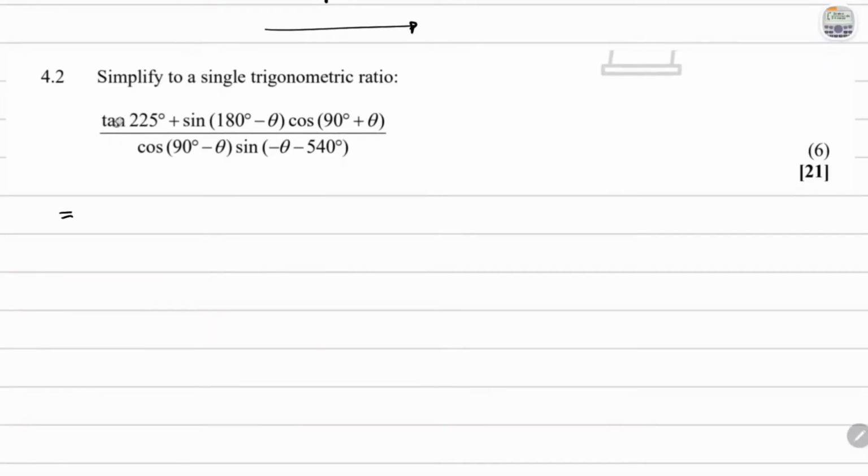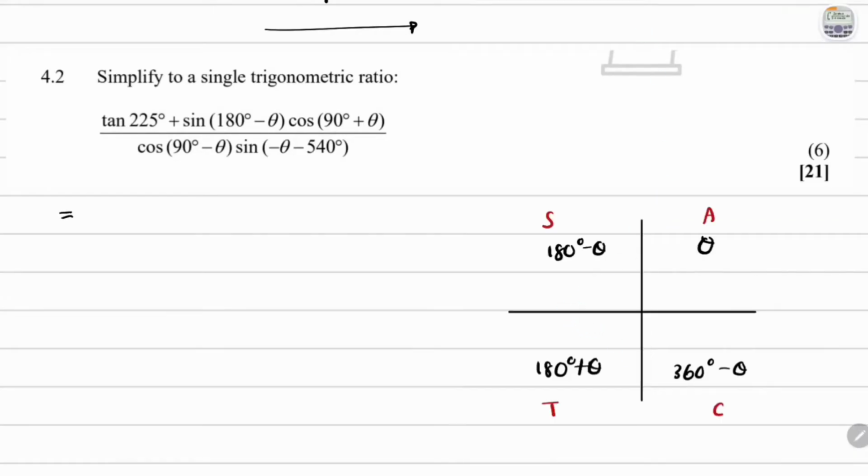So how can we simplify tan 225? Well, you have to think about it using your reduction diagram, which looks like that. You have to make sure you study your reduction diagram. When we're measuring, we start from 0 degrees. Then this is 90 degrees, and then this is angles on a straight line, 180 degrees. This is 270 degrees, because you're just adding 90 every time, and then back at 360 degrees.